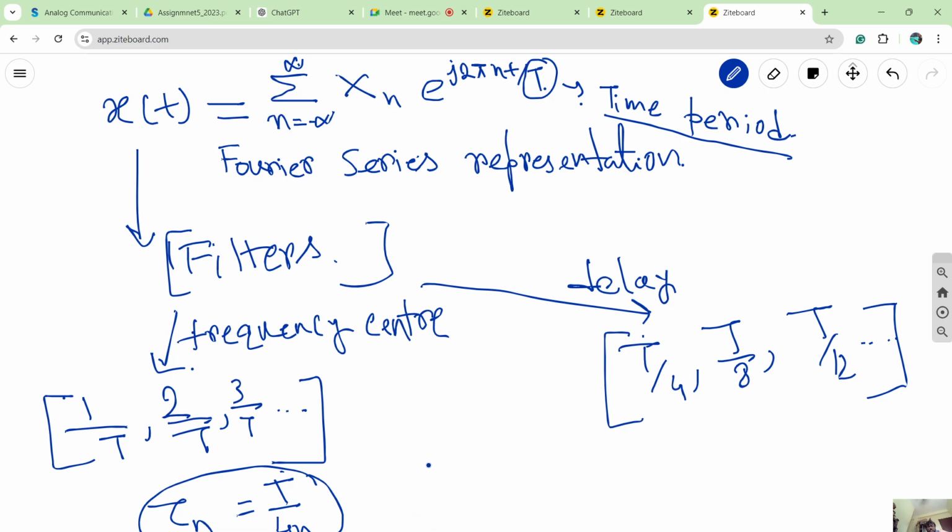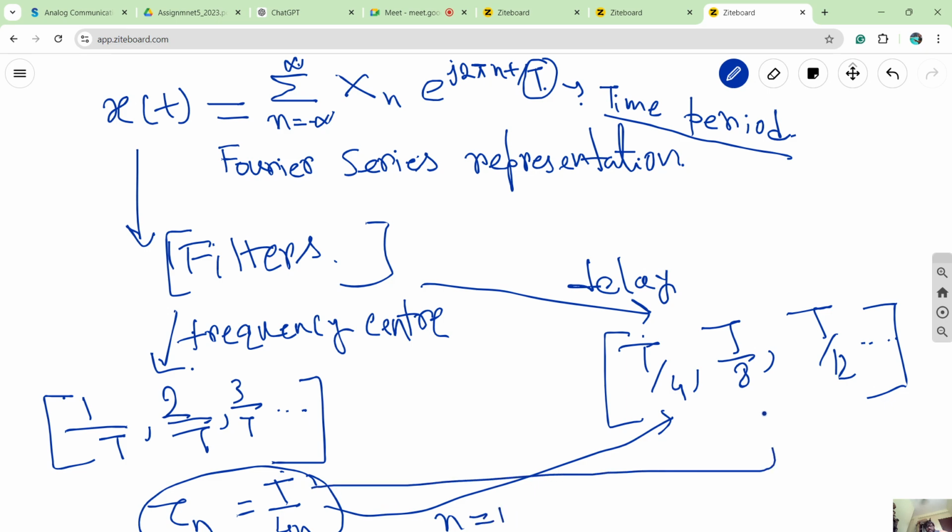If n is equal to 1, then it is T/4. If n is equal to 2, then it is T/8. So this tau here is the delay.